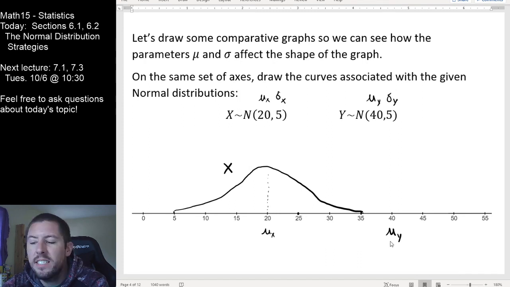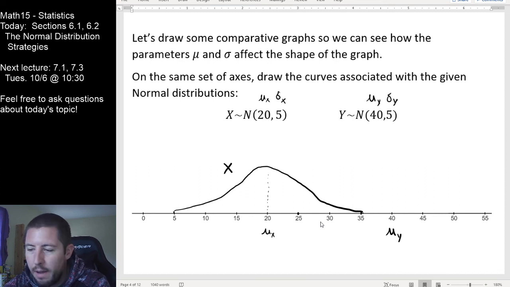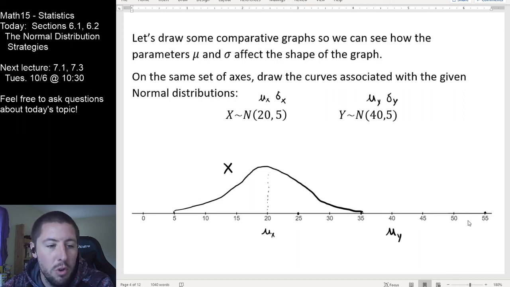I think that essentially all of the y values that I'll ever see are going to be as small as 25. Very rarely we'd see one smaller than that, but so rarely I'm not going to graph it. And similarly, 3 standard deviations above for the y variable here would be 55.